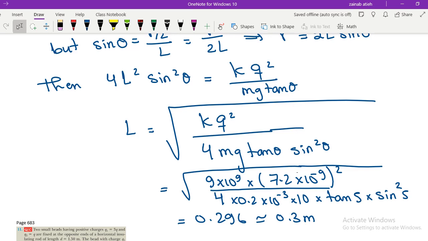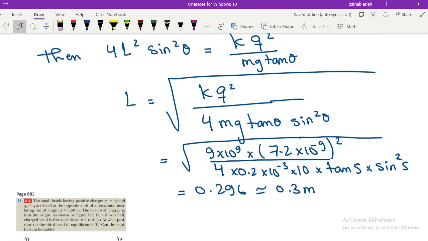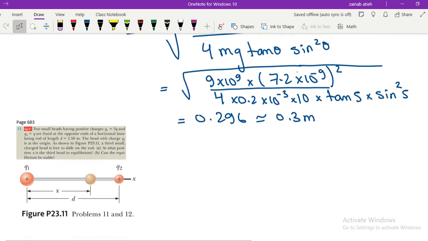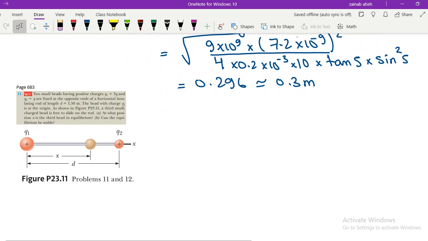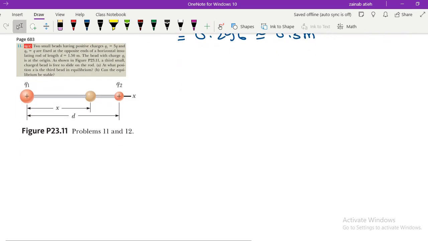Now let's do problem 11, page 683. This problem says two small beads having positive charges Q1 equals 3Q and Q2 equals Q are fixed at the opposite ends of a horizontal insulating rod of length D equals 1.5 meter.